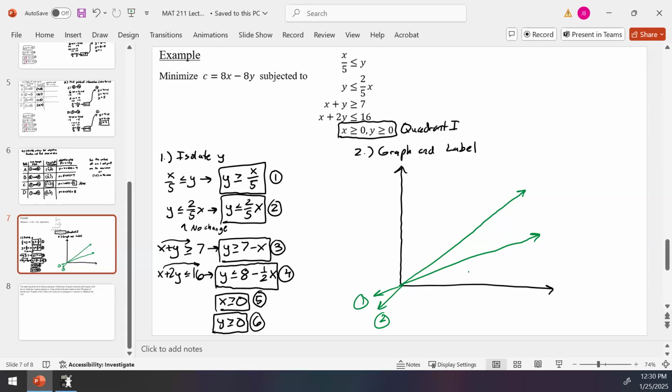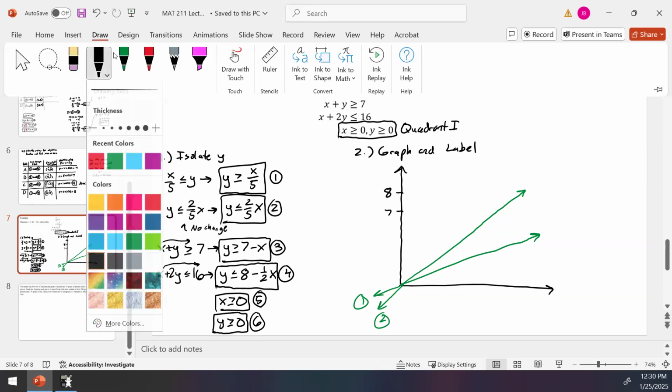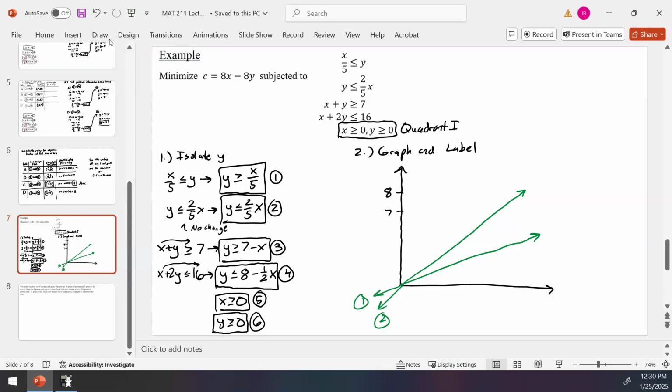That's a little bit better. Equation number three has a y-intercept of 7. So let's put a 7 up here. And then I do have a y-intercept of 8. So let me make that one 8 and make that one 7. And then no other y-intercept, so that's a good thing. So 7 and then negative x just means I go down like that. And then for 8, I have negative 1/2 x.